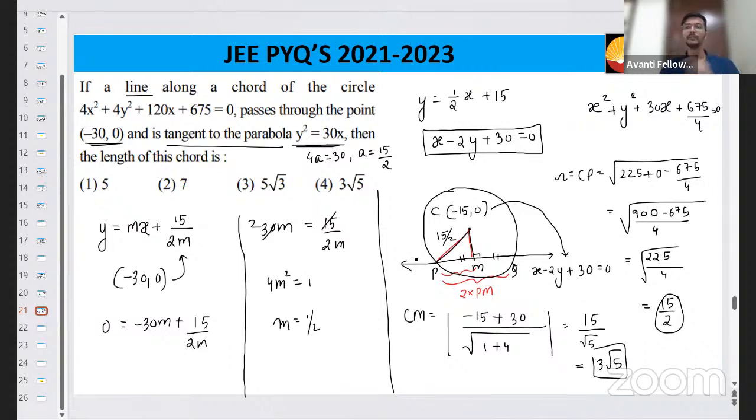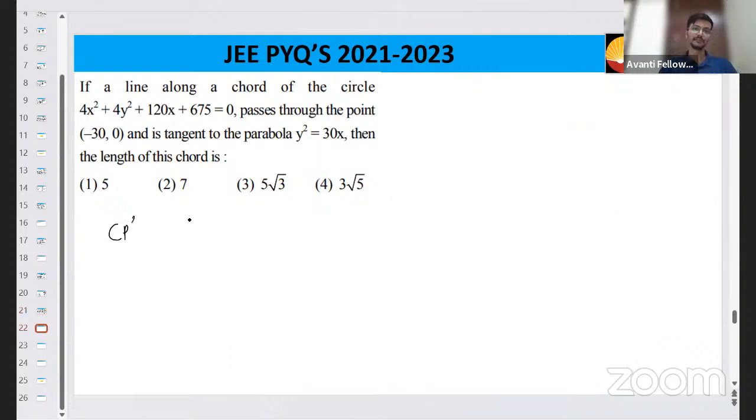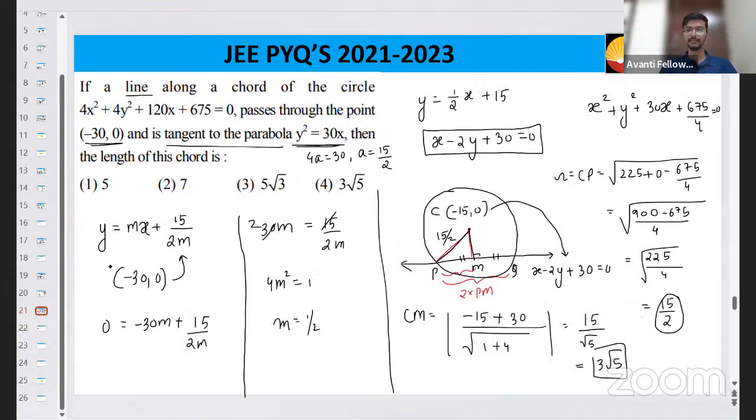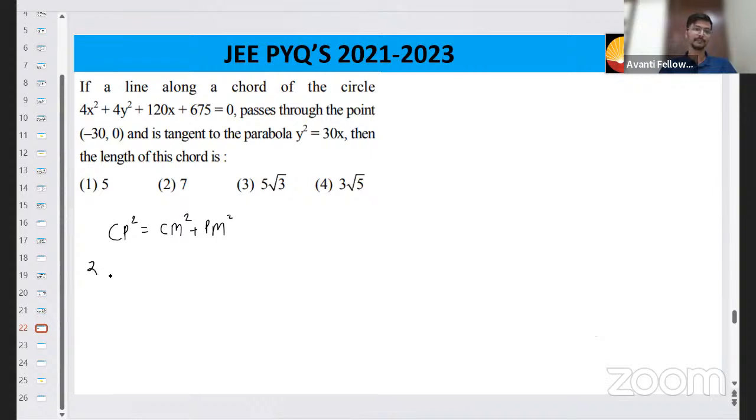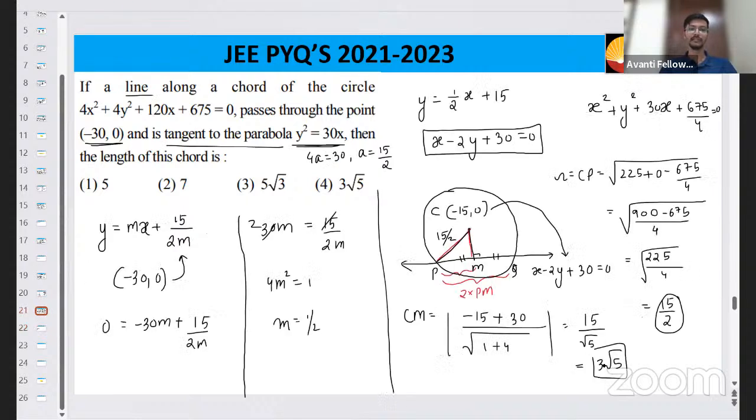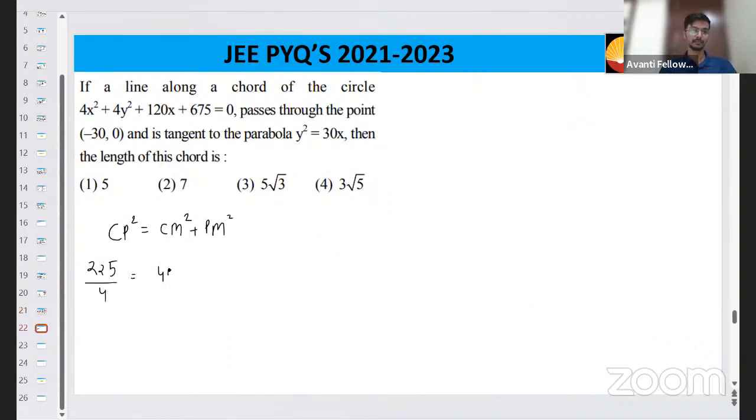Right. Now CP square will be equal to CM square plus PM square. What is CP? CP is 15 by 2, so CP square will be 225 by 4, which is equal to CM square, and CM is 3 root 5, so 9 into 5, 45, plus PM square.